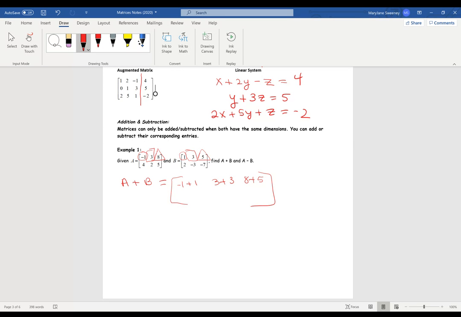Then I do the same thing with the second row, 4 plus 2, 2 plus negative 3, and 5 plus negative 7. So my answer is 0, right? Negative 1 plus 1 is 0. 3 plus 3 is 6. 8 plus 5 is 13.